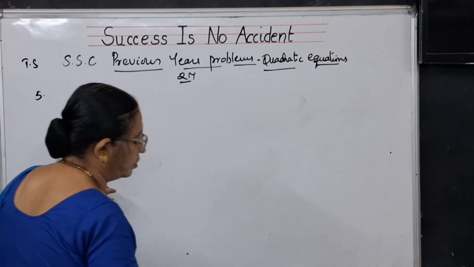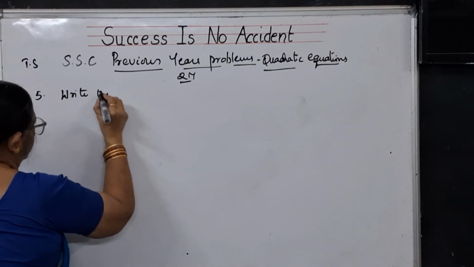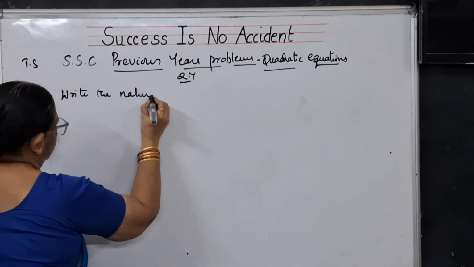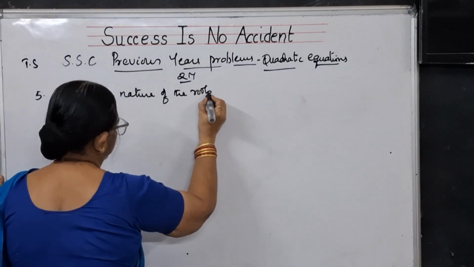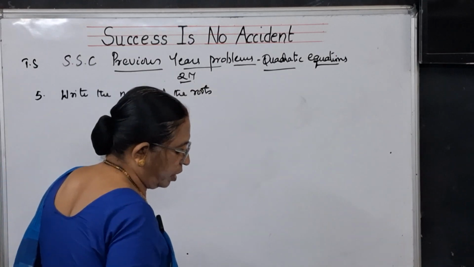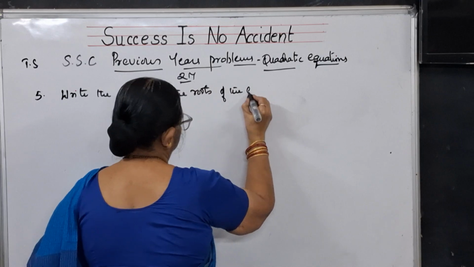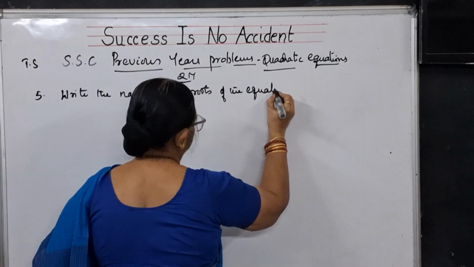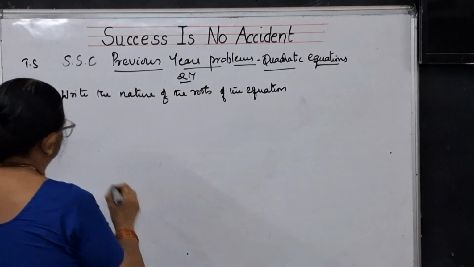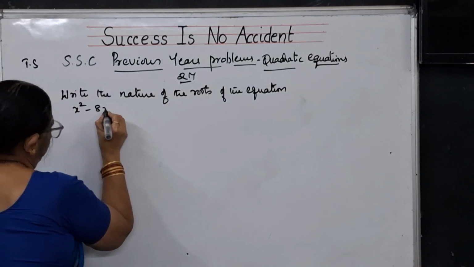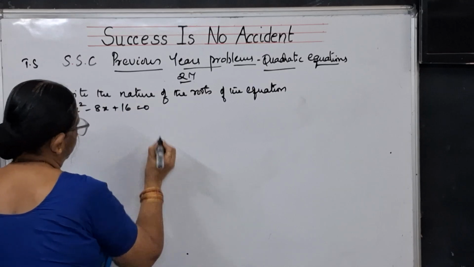Write the nature of the roots of the equation x square minus 8x plus 16 is equal to 0.